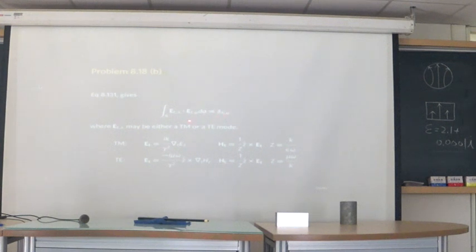To prove this, we first should consider that the transverse mode can be rewritten in terms of the z component field. But for the TE or TM modes, the formula will differ. For TM, the transverse electric field is equal to gradient Ez. For the transverse electric TE mode, the transverse electric field is equal to z cross the gradient of Hz.